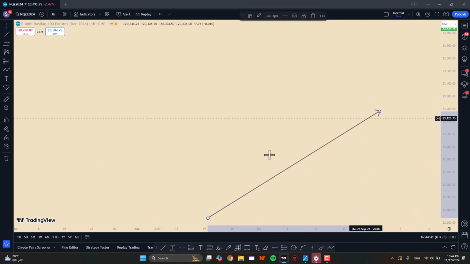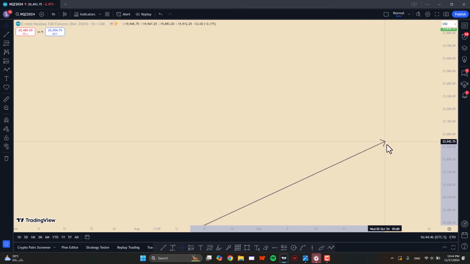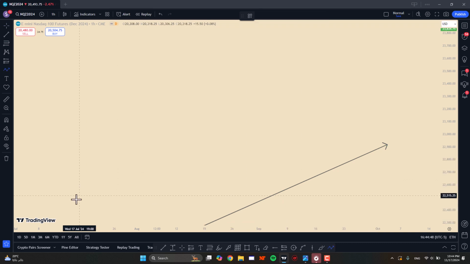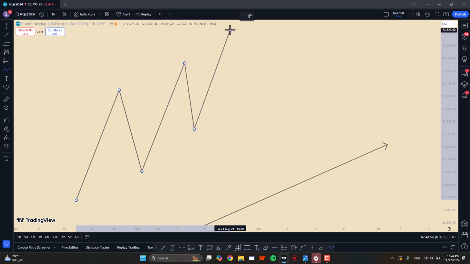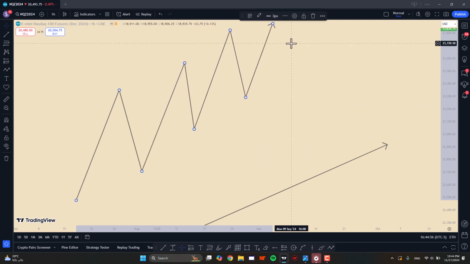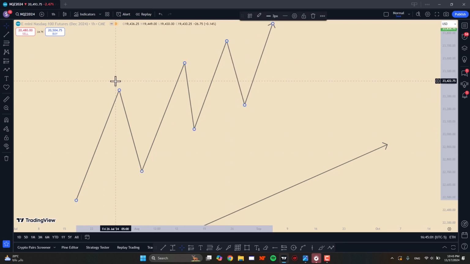Price is printing or trading to the upside. Okay. The market is either doing this or doing this or this. Okay. The market is either expanding, okay, or pulling back, expanding or pulling back, expanding or pulling back.